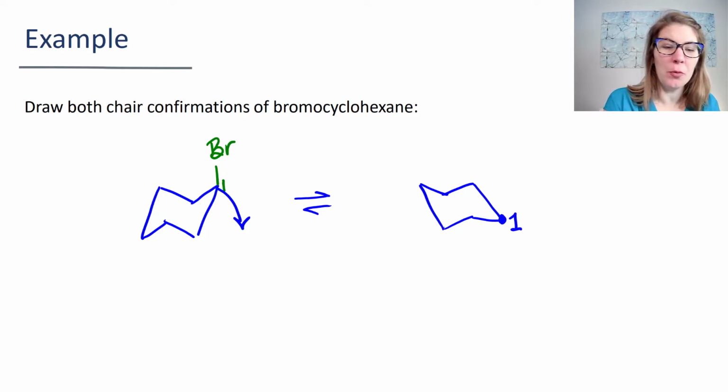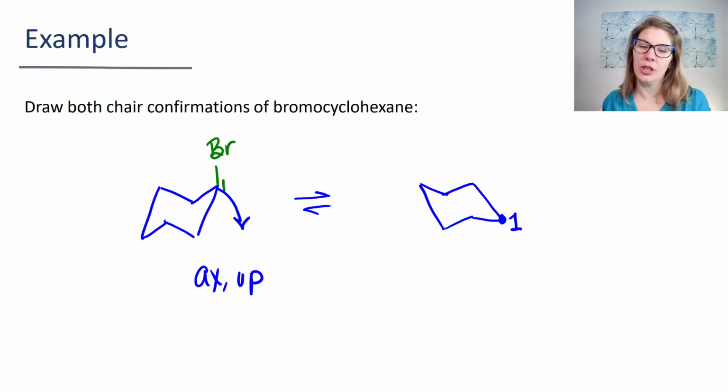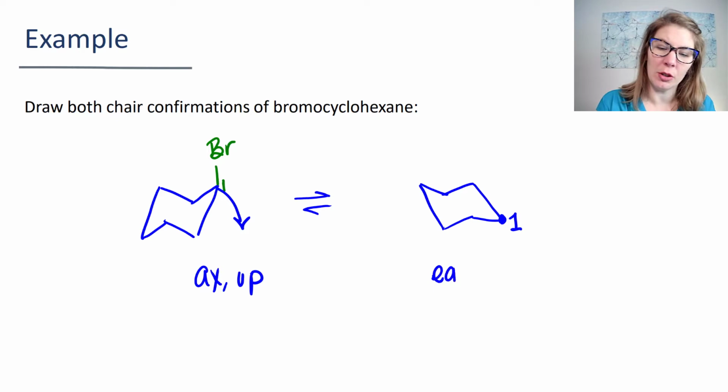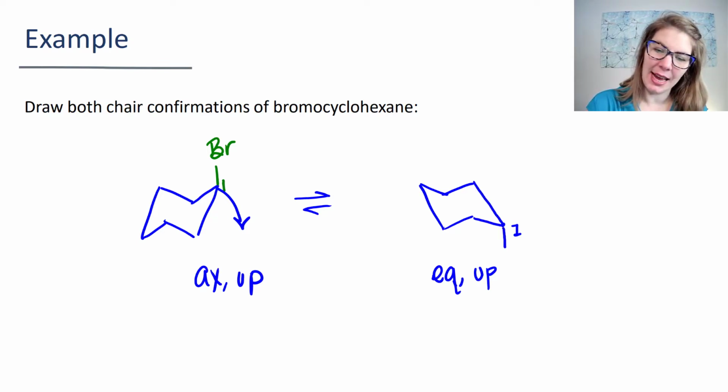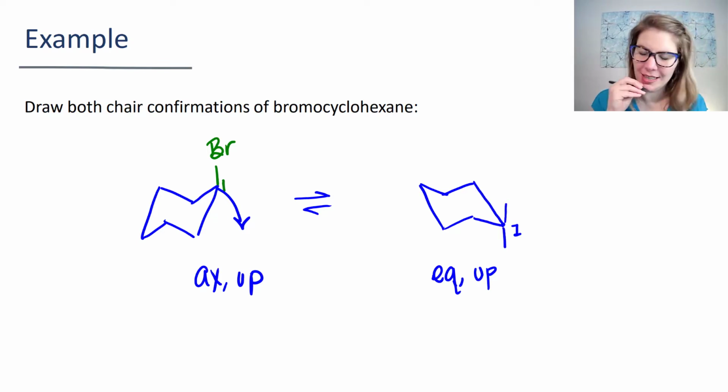Now, if this bromine was axial and up, then when we do the chair flip, this needs to be equatorial but still up. So let's sneak in that equatorial position. I still sometimes like to add that axial just to give me some perspective before I draw the equatorial, because the equatorial is so hard to draw.